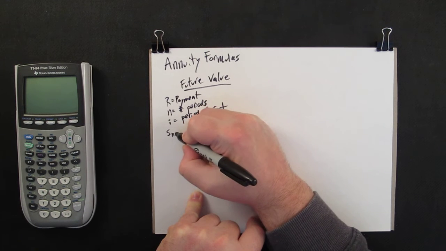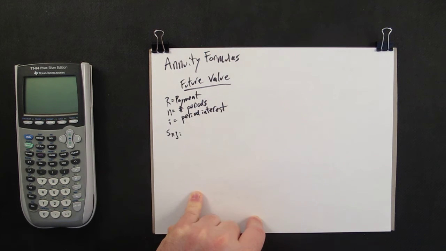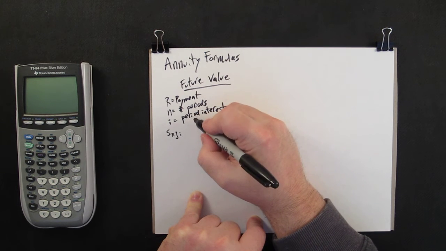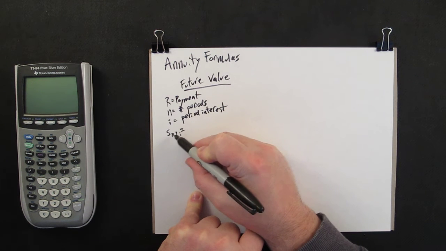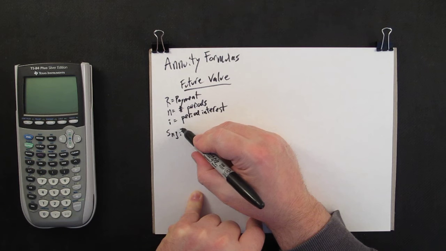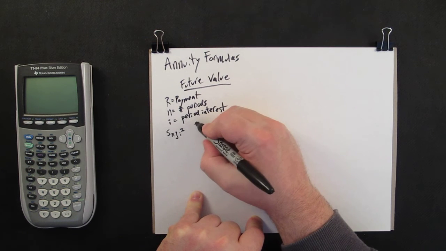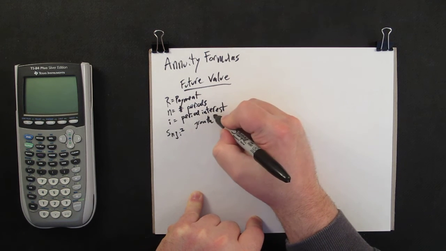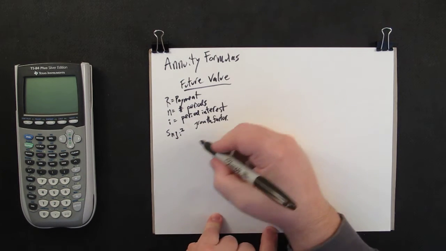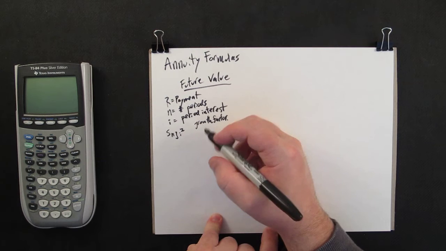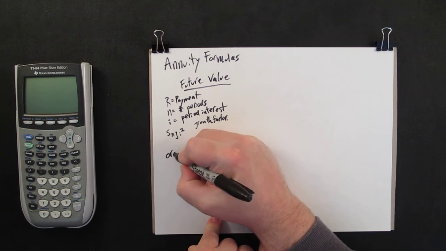And then there's possibly a special symbol you might encounter. This is S_N angle I. And this represents the growth factor. So, all right, so for future value, we have ordinary.